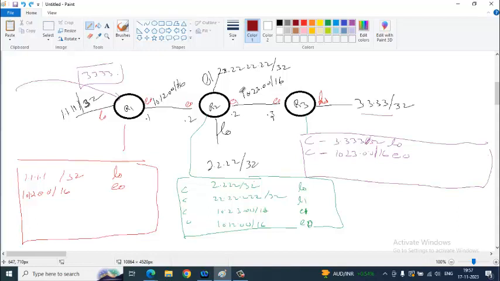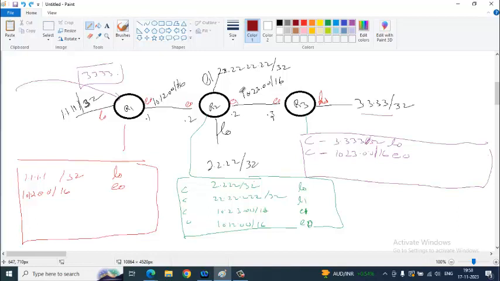Sir, one question. So, if the high-end routers have this ability to derive the route when we issue the IP address, say for example, on R1 E0, we are assigning an IP address. So from there, it will derive the route and install it into the routing table. Is this possible?